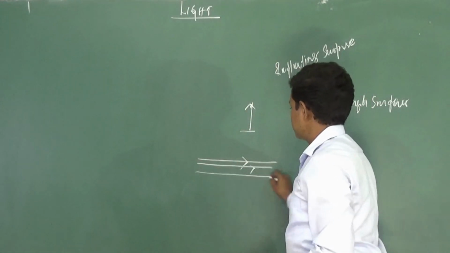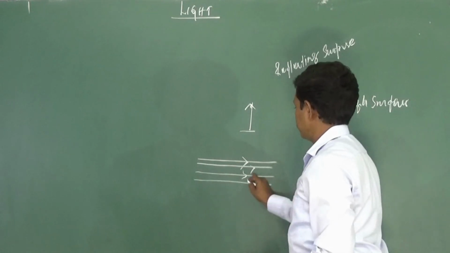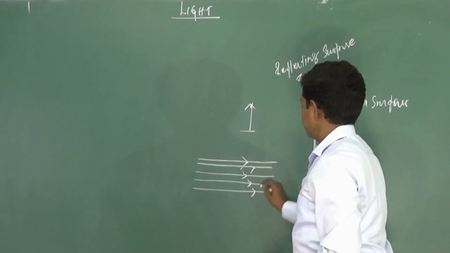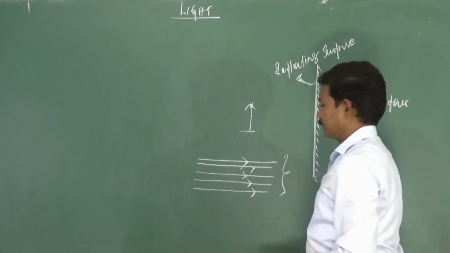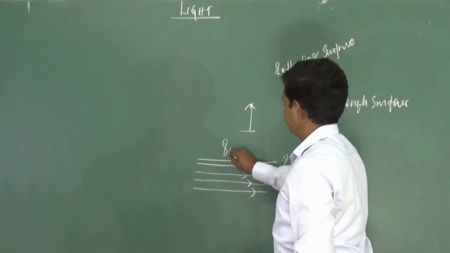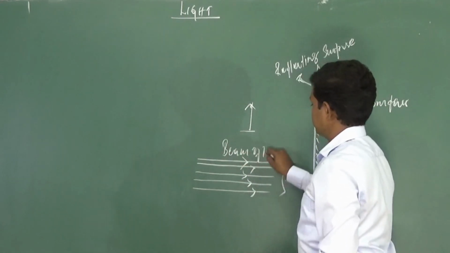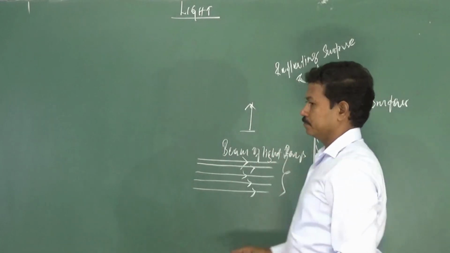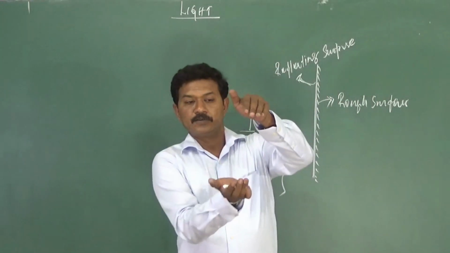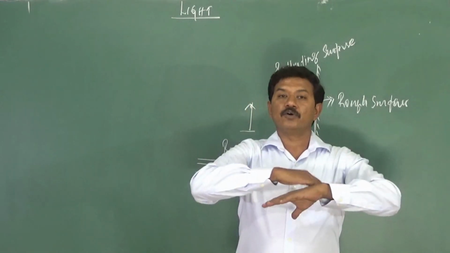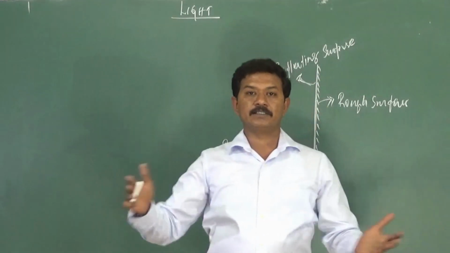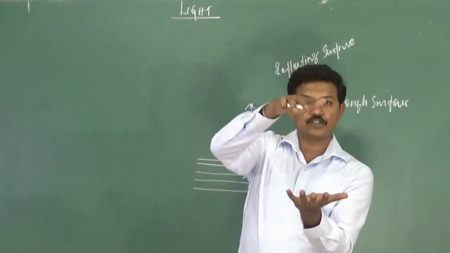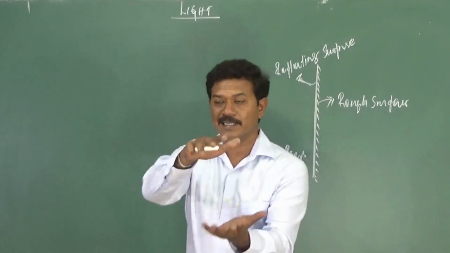Many light rays traveling parallel to each other, a bunch of light rays taken together, is called a beam of light rays. It's a bunch of light rays, thousands, crores of light rays together, and the bunch is called a beam of light rays.